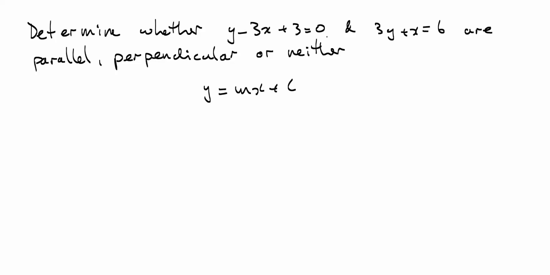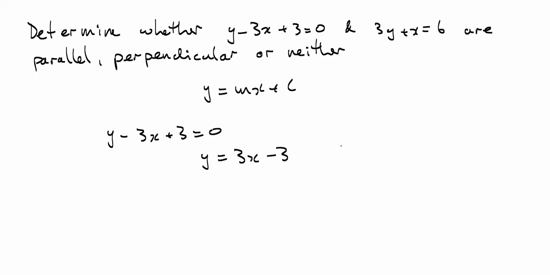So the first one, y minus 3x plus 3 equals 0. We have to take the 3x and the 3 onto the other side, so we add 3x and take 3 from both sides, and we get y equals 3x minus 3.